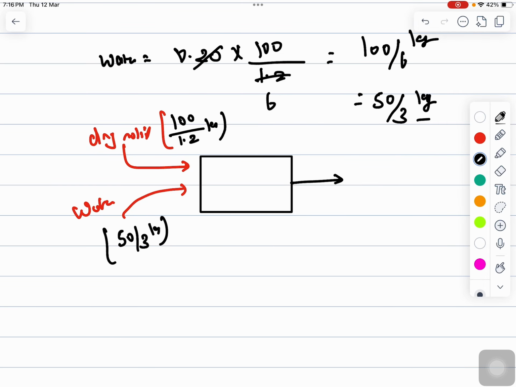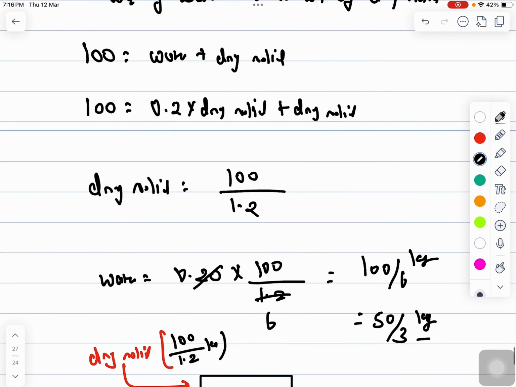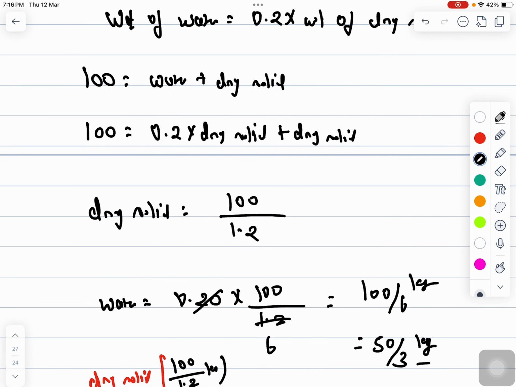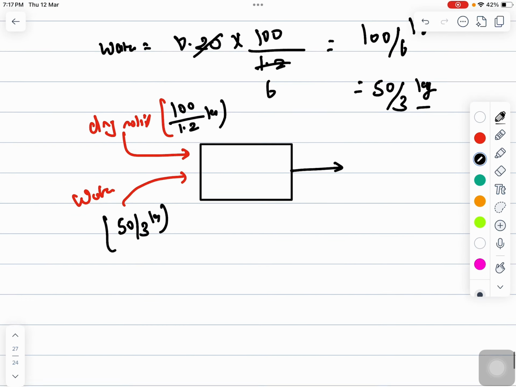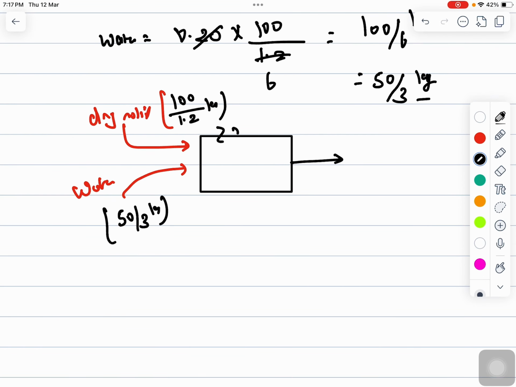Now it has been given how much water is being removed. Whenever a solid is being dried, the weight of solid remains as it is and does not change. Water will be coming out, so the content of water will decrease. So here the dry solid will remain as it is, that is 100 by 1.2 kg, right? 100 by 1.2 kg.